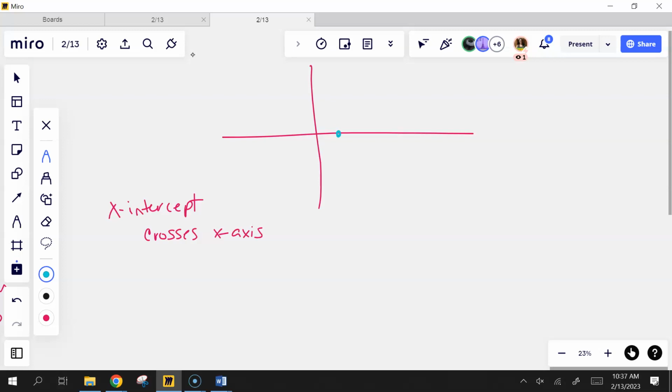Not x, but y. Every time it crosses the x-axis, y is 0. If you don't believe me, put some points on the x-axis and name their points. This would be (1, 0). This point, (4, 0). In fact, anywhere that I go on the x-axis, that is true. Do we agree? So algebraically, if I had an equation, I could put 0 in for y and solve it for x and find the x-intercepts. That's why sometimes we call x-intercepts solutions.